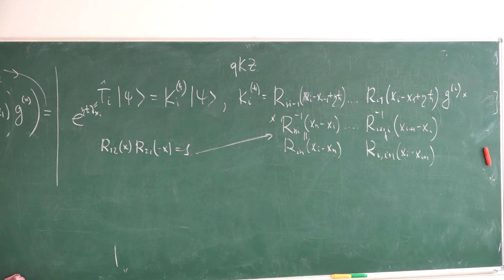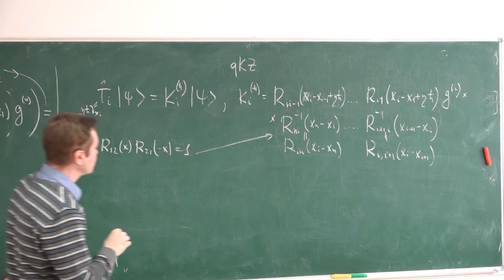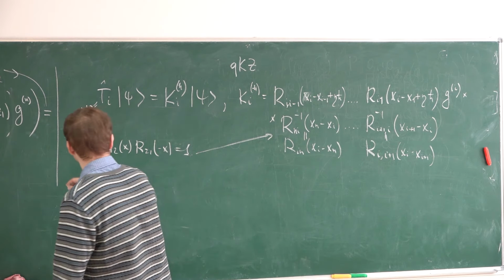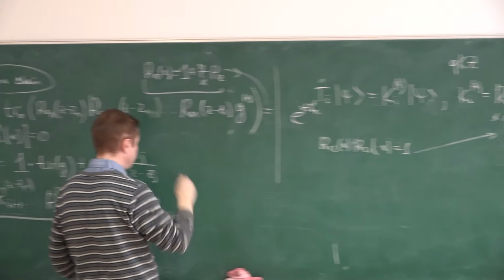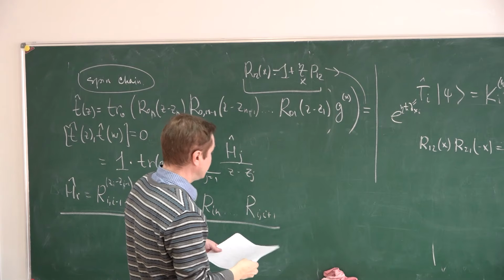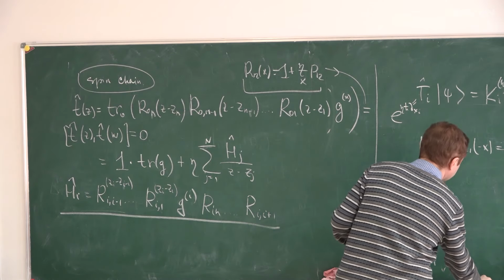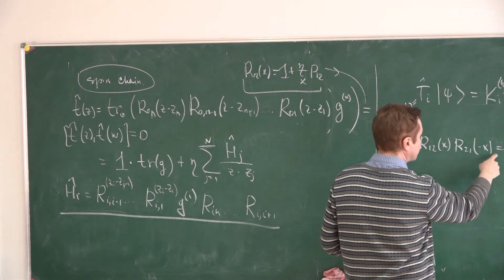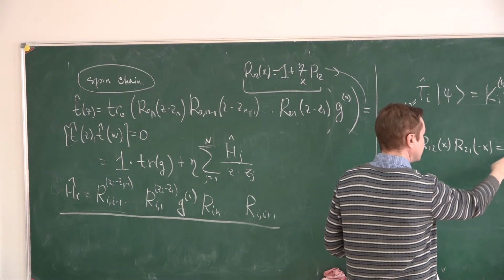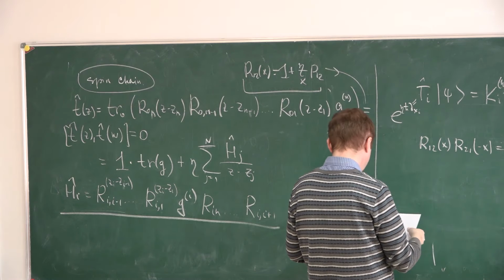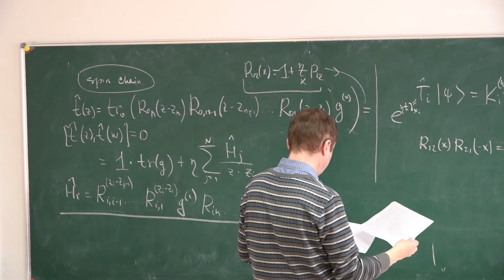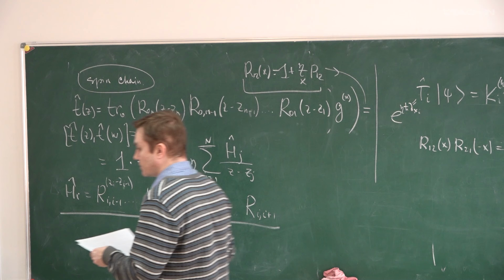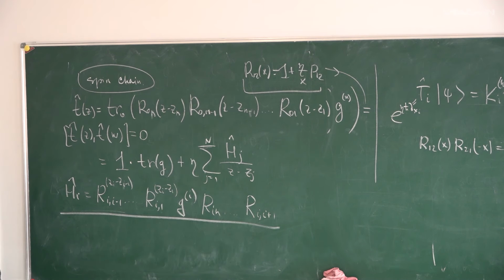You see that the R matrix which is used here is not unitary. It doesn't satisfy this condition. It is proportional to the identity operator, but there is some factor here. Just let me put it more explicitly.